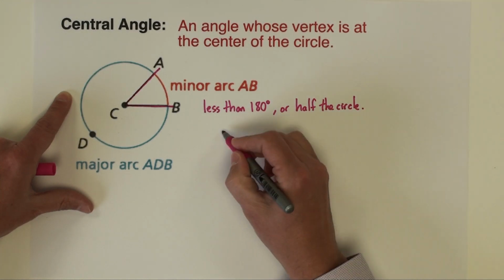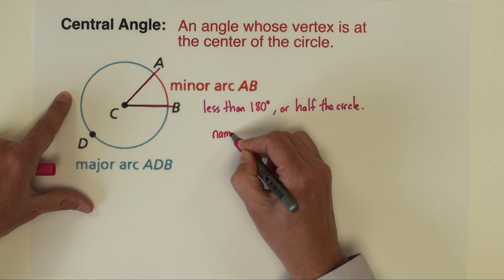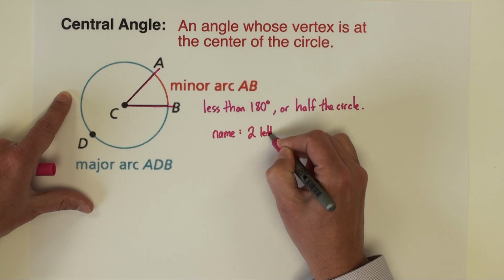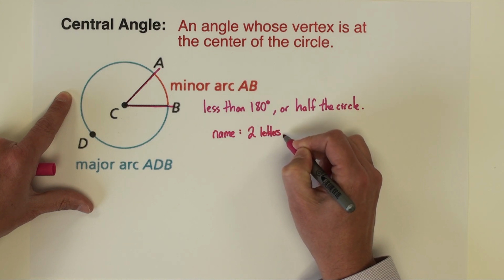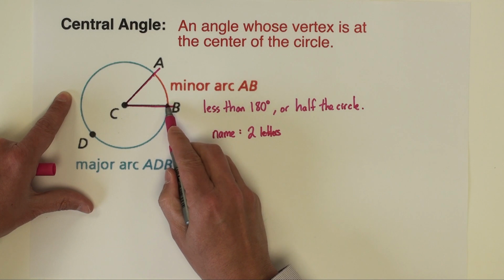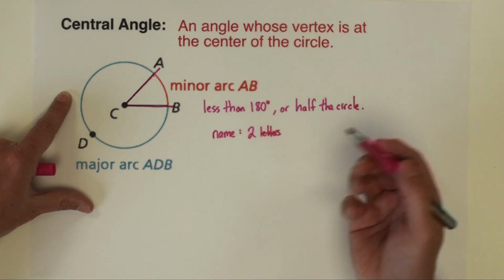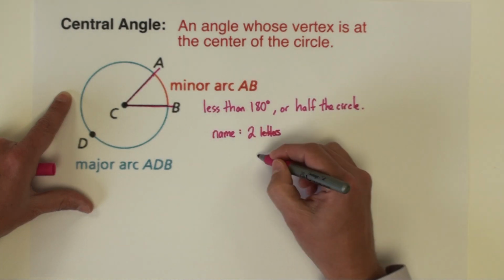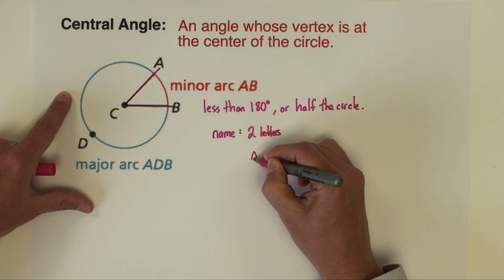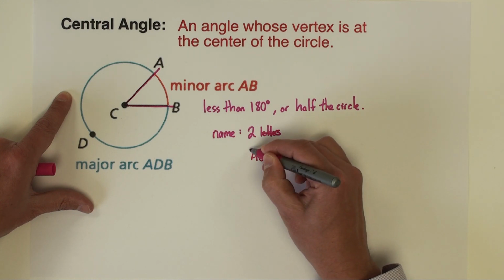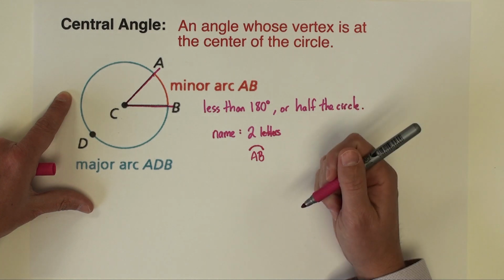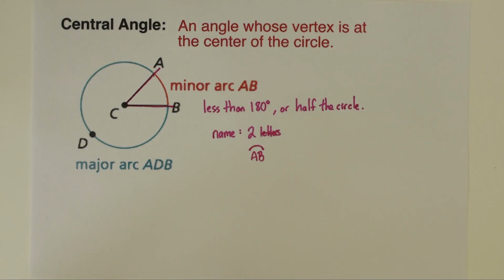We name minor arcs with two letters. Those two letters are the beginning and end point of the arc. And the notation we use, if we're going to name this arc AB, is we simply use the letters A and B, the beginning point and the end point, and we put an arc shape above those two letters.